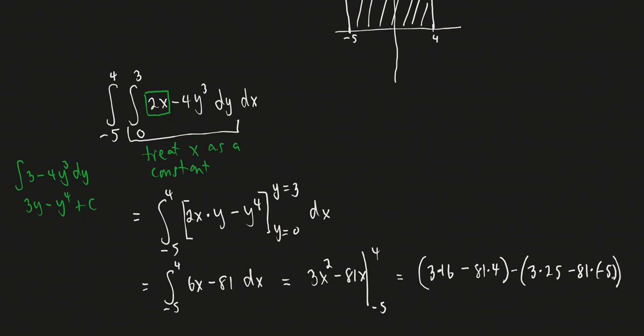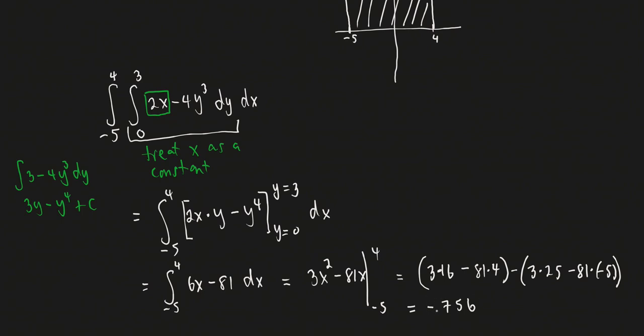Just looking at this, this is going to be a big positive number, but then you're subtracting it, and we're going to end up getting -756. And if we think of this as volume, there's that negative sign.